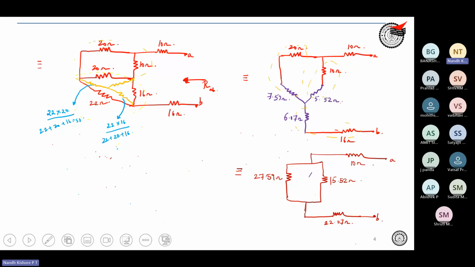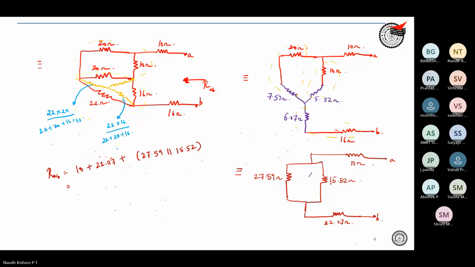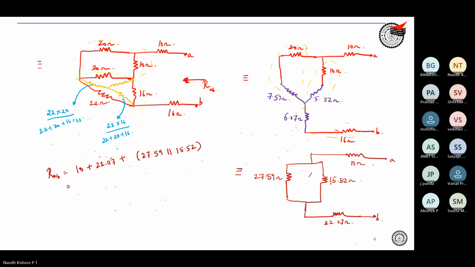So now the answer should be pretty simple. So your RAB is equal to what? It is equal to 10 plus 22.07 plus 27.59 parallel to 15.52. Okay. So what is the answer? So I am getting 42 ohms exactly.